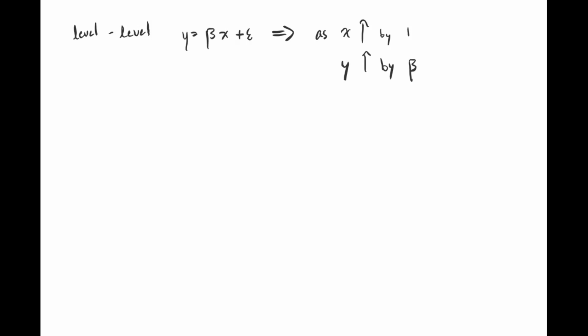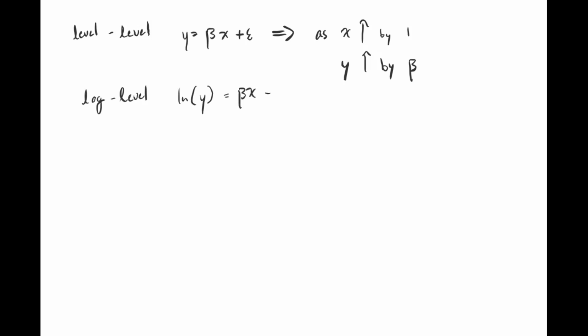Okay, so then we'll have something known as a log-level. This is if I do ln y equals beta x plus epsilon. And when I say log, I'm basically always going to be referring to a natural log transformation, not a log base 10 transformation. That's just how they do it in practice.